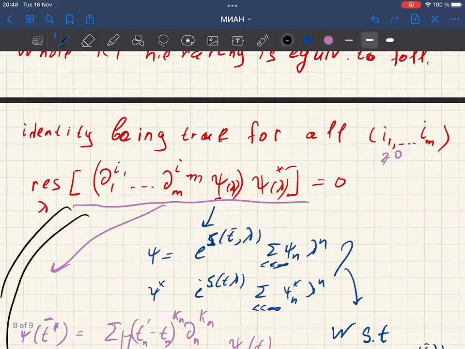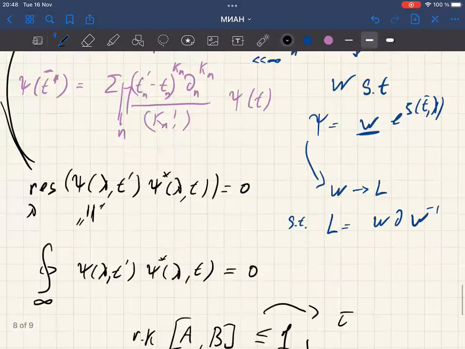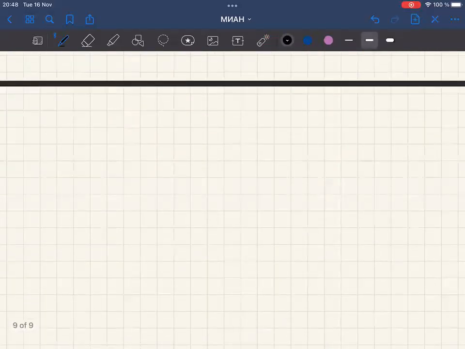Okay, and in order to do this, let me just start here. Psi star, Baker-Akhiezer functions.